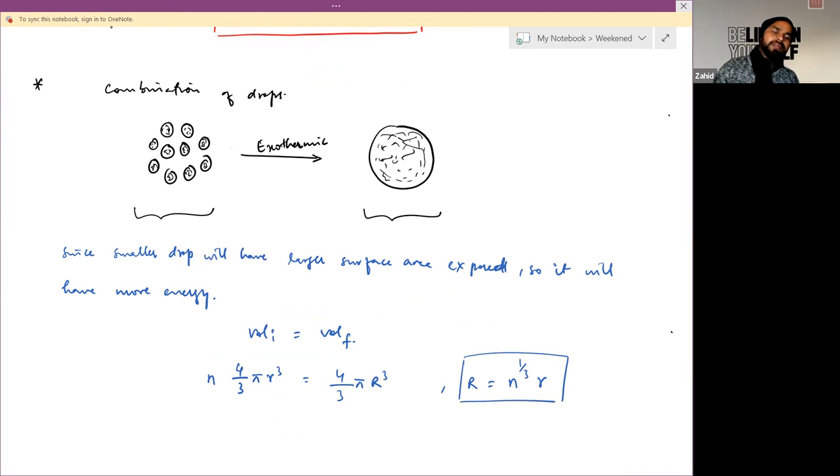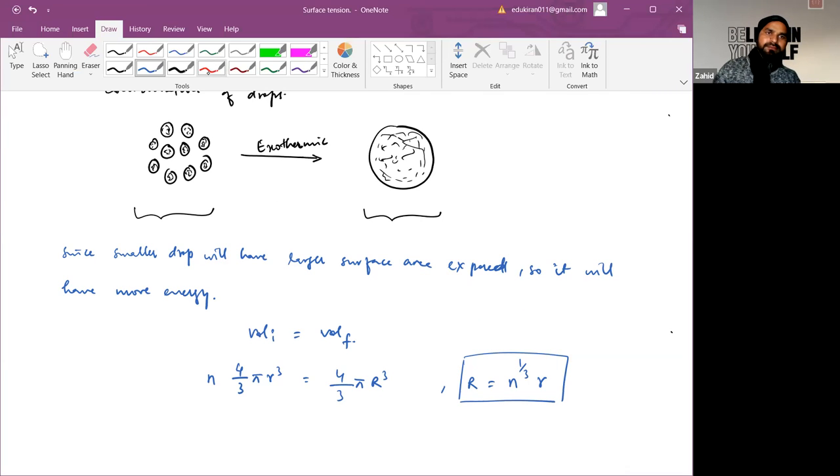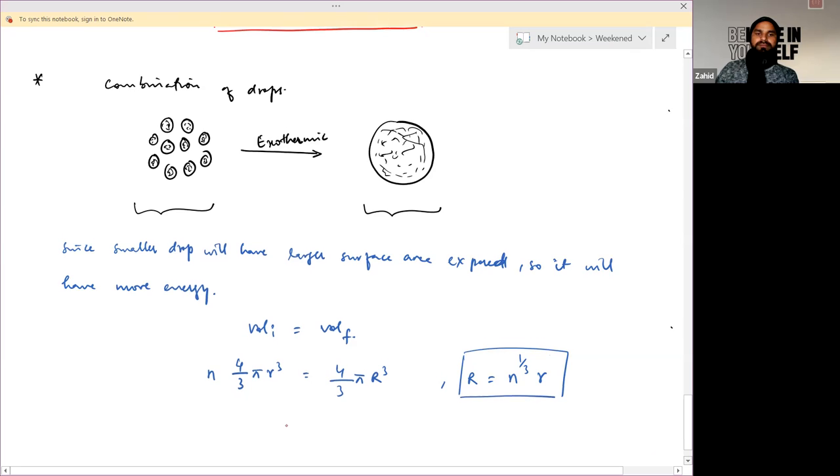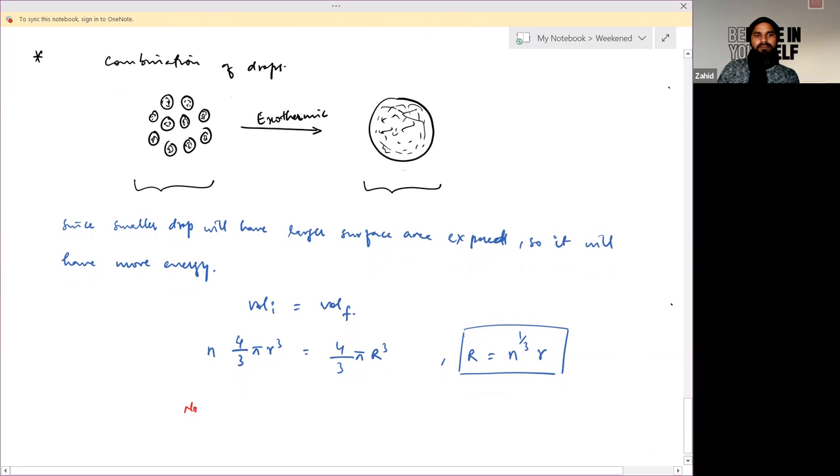Now, to calculate surface area, the change in surface area equals n drops, each having surface area 4 pi r square, minus the surface area of the larger drop. If you put the value of capital R using this expression, you will get a relation in a single term.